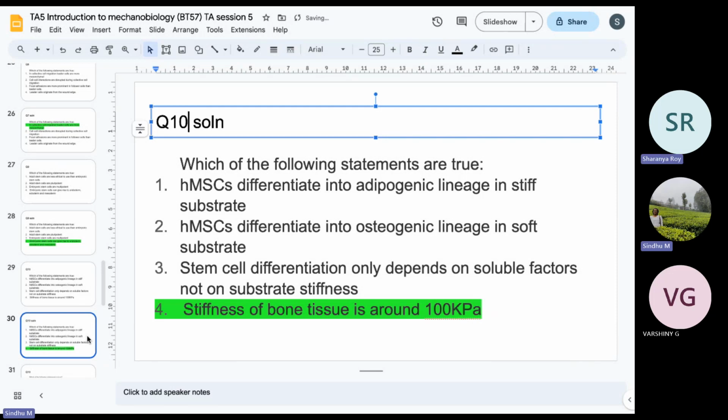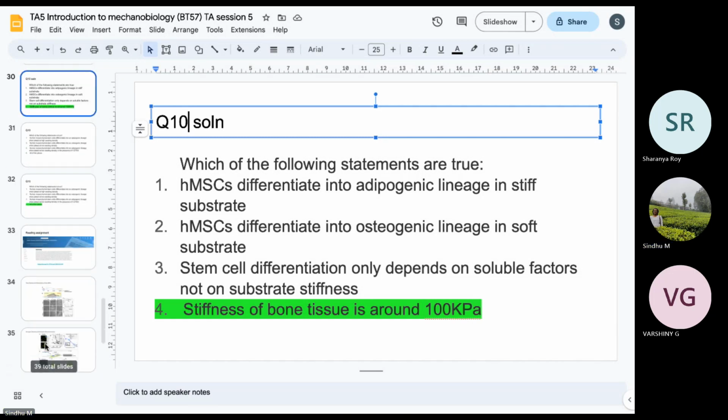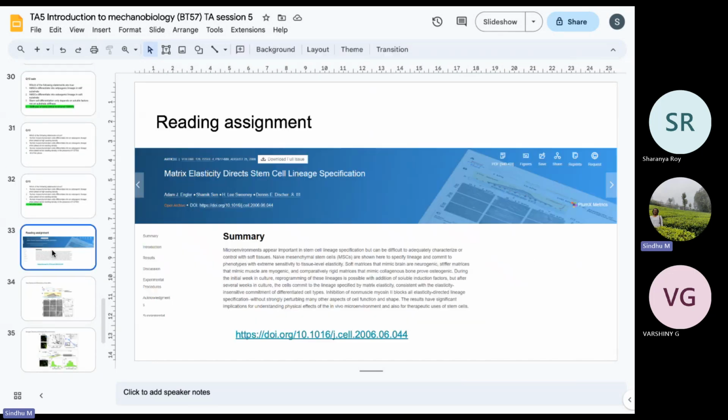One more extra question is there that you can see whenever you are taking the slides. But now we can go to the reading assignment. Till 7:40 p.m. you can go through the paper. Then from 7:40 onwards we can discuss it.